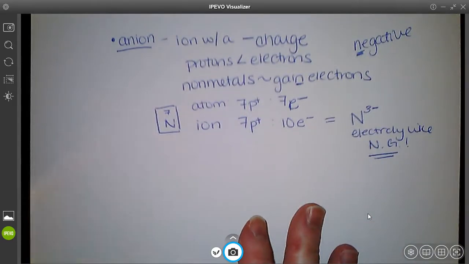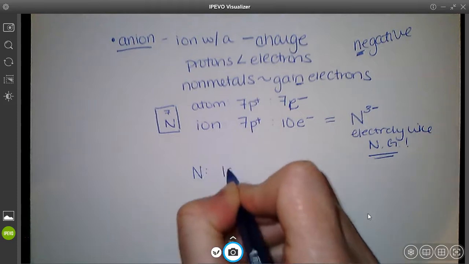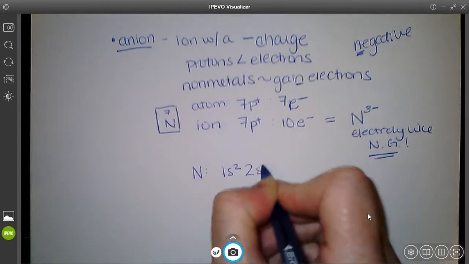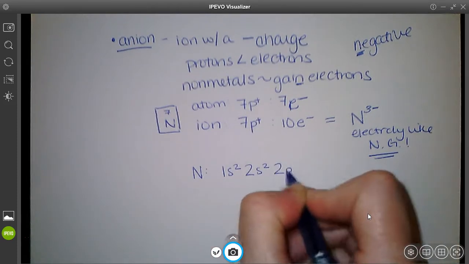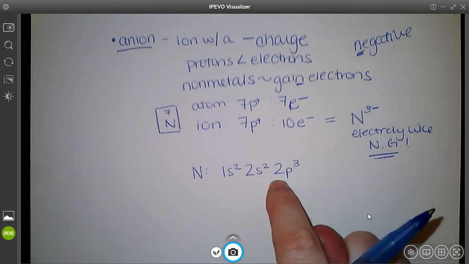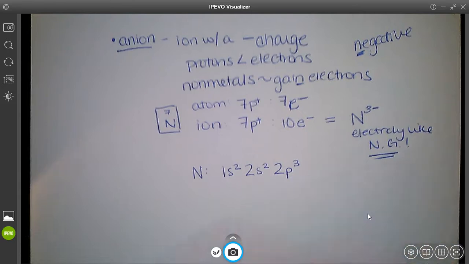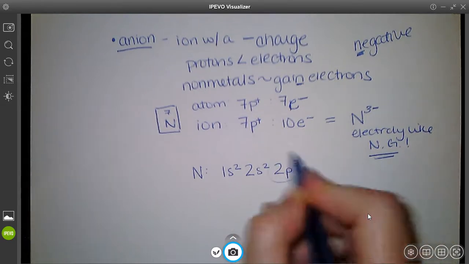If we were to do our electron configuration, nitrogen is 1s2, 2s2, 2p3. Okay, so this is a nitrogen atom. Now it's gaining 3 electrons, so the next 3 go to the last place you are filling.